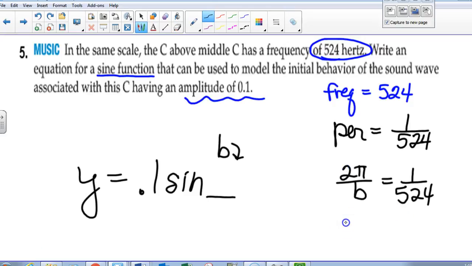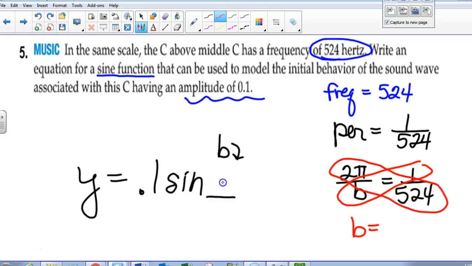So cross multiply maybe? Think of it that way. B equals, what do we got to do? Is it 1048 pi? Yes, 1048 pi. You can do a decimal, I don't care. It's a big number if you want to put it as a decimal.